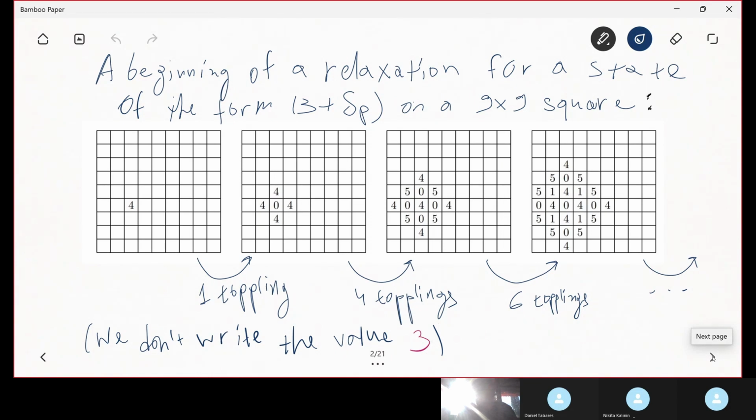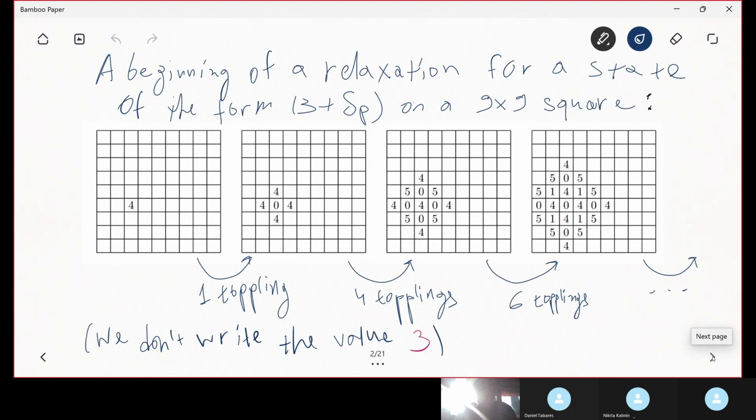And then you have four more squares where you have greater than three, like four, where you can do topplings, and then you do these four topplings. You have the next picture where you have 6 places to do the topplings, and it goes for quite some steps. So I don't know how many, but this is an example of a relaxation.